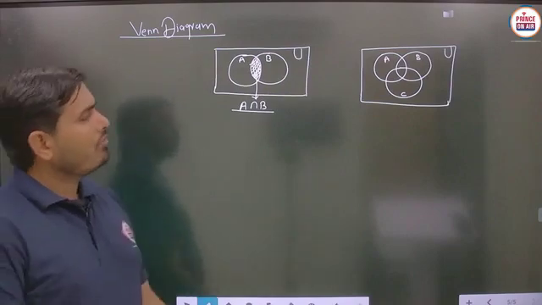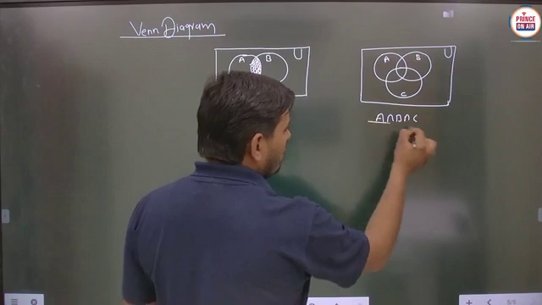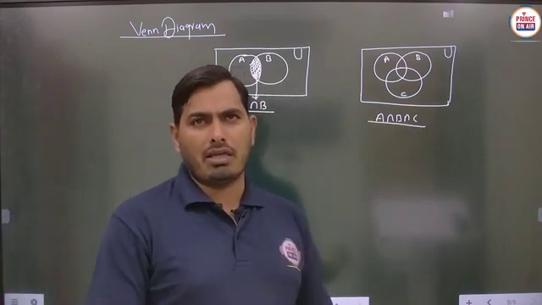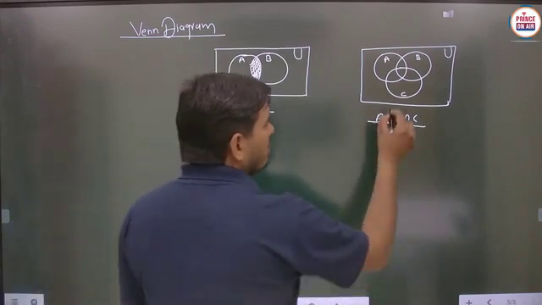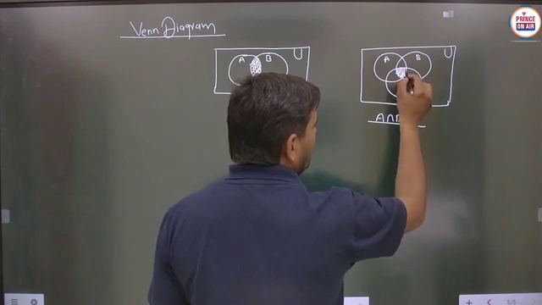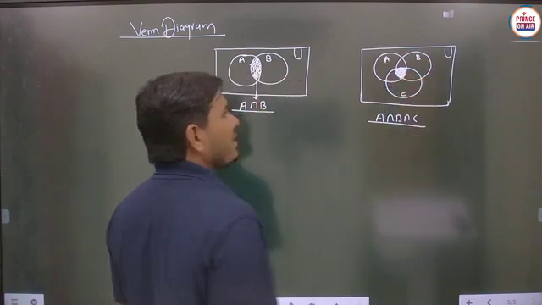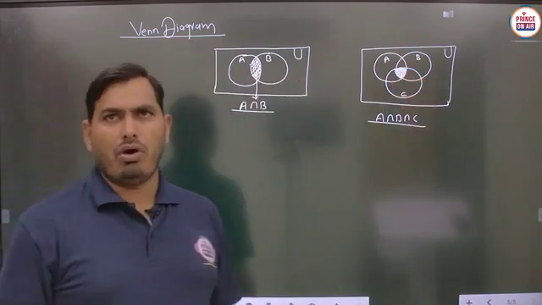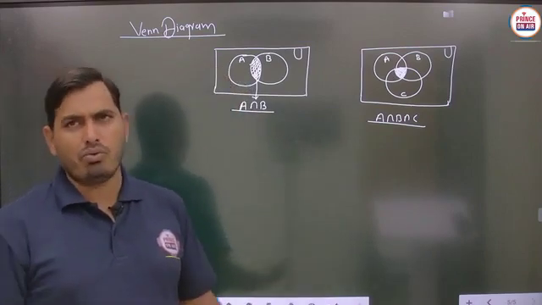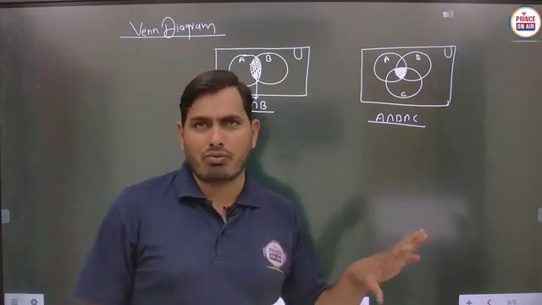Sometimes we have to make the Venn diagram of A intersection B intersection C, then we have to check the region which is common in set A, set B and set C. So basically we have to see this region. Is it clear? And we have to just set the region which is common to all three sets A, B and C. So according to this situation, the number of sets can sometimes be 2, sometimes 3 sets, sometimes 4 sets. But we have to see the basic operation that should be applied on the sets.